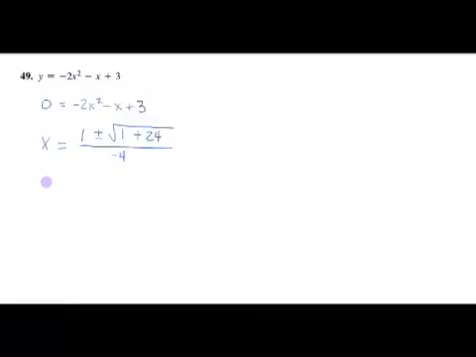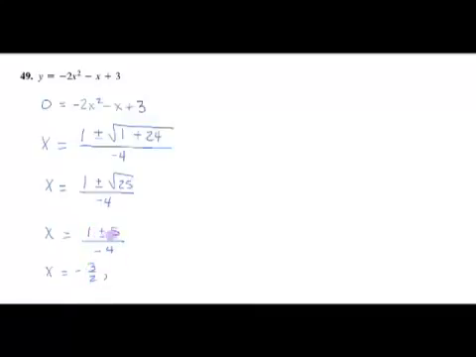So that's a -4. That gives me 1 plus or minus the square root of 25 all over negative 4. So x is 1 plus or minus 5 all over negative 4. And that gives me a nice clean solution: 1 plus 5 is 6 over negative 4, a negative 3 halves.